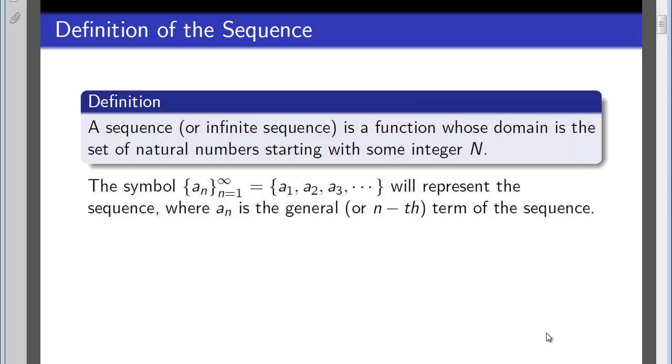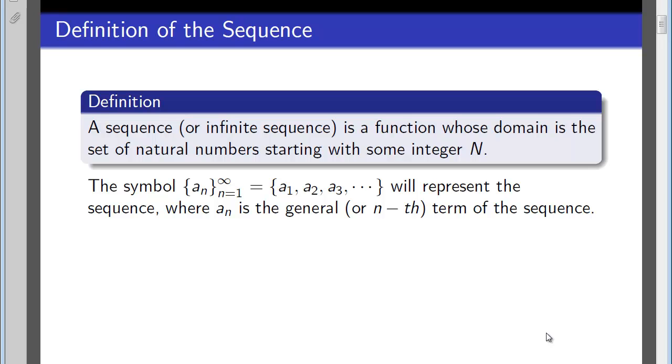For representation of a sequence, either parentheses or curly brackets are used. In this course, we will use curly brackets. If you note here that in between curly brackets, a sub n is given, which equals a set with some elements a sub 1, a sub 2, a sub 3.